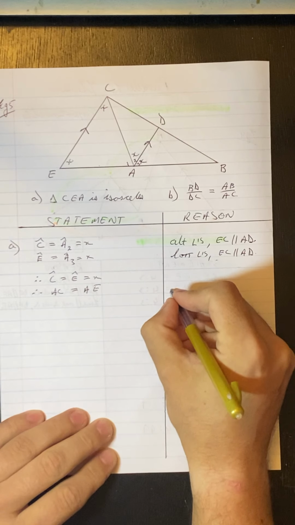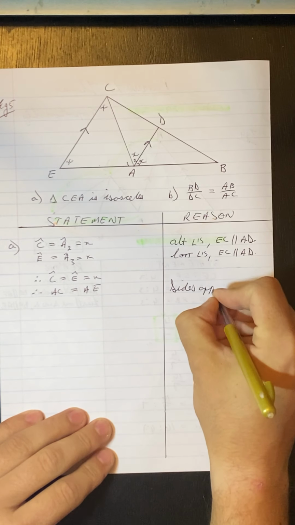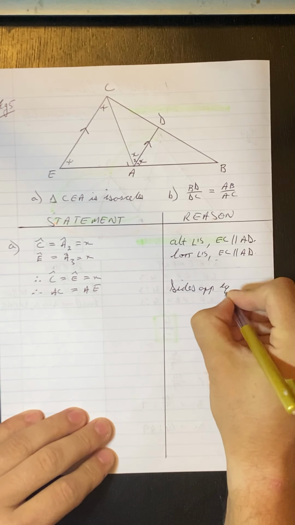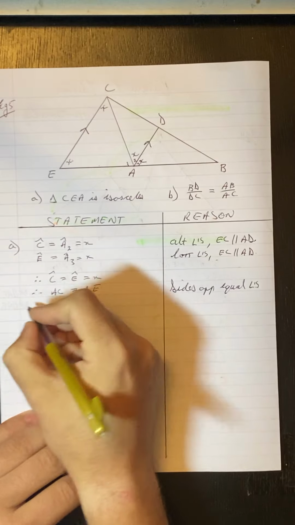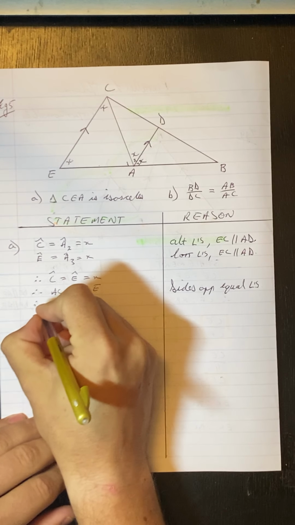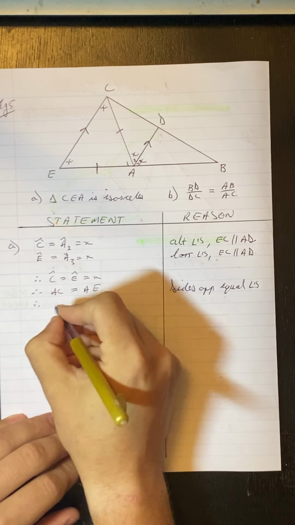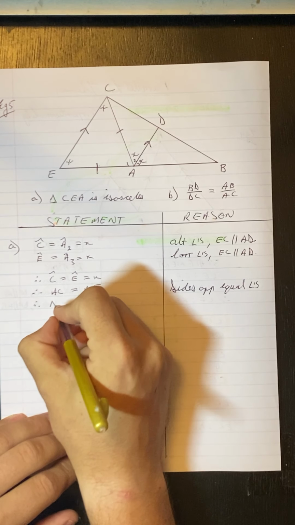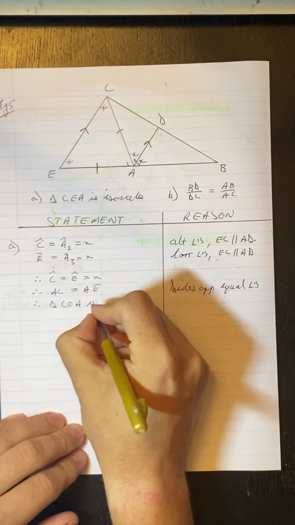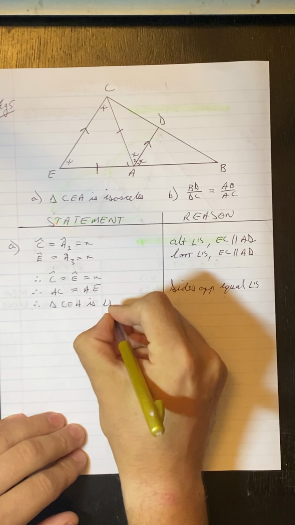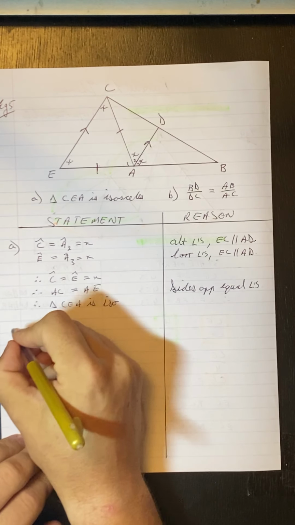And it is sides opposite equal angles. Okay, therefore, we've now proved that this is equal to that. Therefore, triangle CEA is isosceles. Okay, moving on to question B.